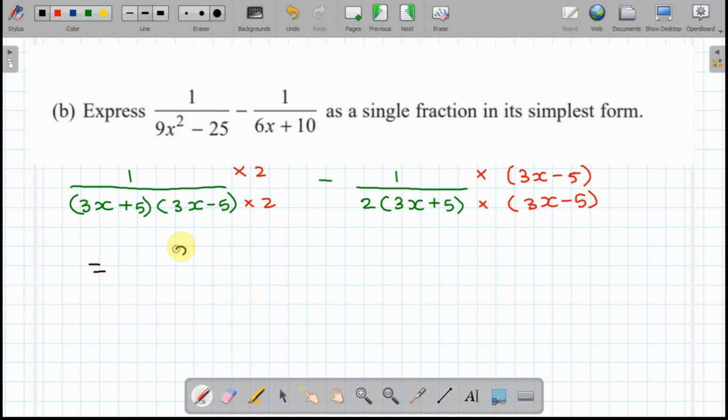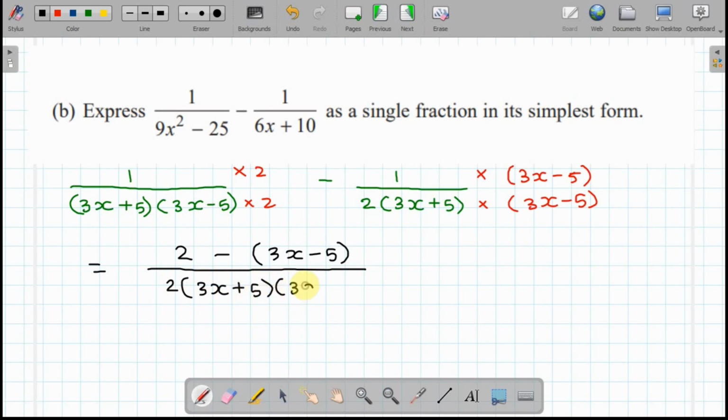So I can write it all as 2 minus bracket, because I'm multiplying by 1, it won't change, 3x minus 5 over 2 times 3x plus 5 times 3x minus 5.